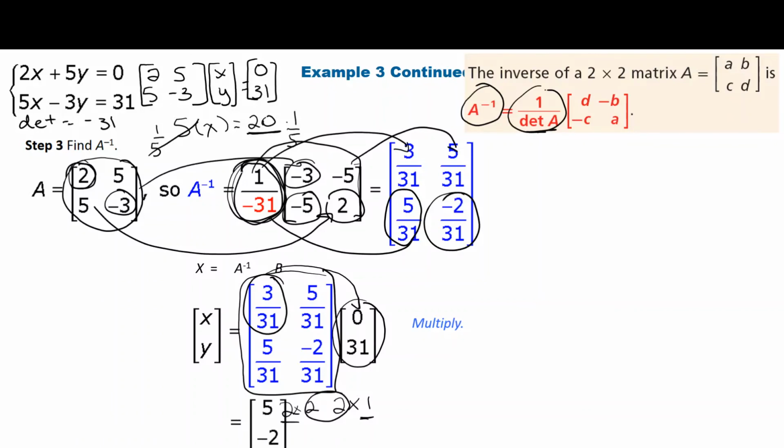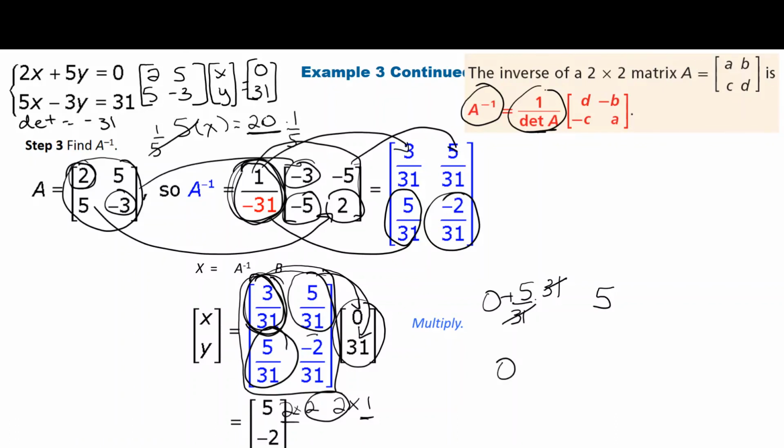So this would be 3 over 31 times 0 is going to be 0, plus 5 over 31 times 31. The 31s cross out. So our first place is going to be 0 plus 5, which is 5. And then our second one, the second row, is going to be 5 times 0 over 31. That's going to be 0.